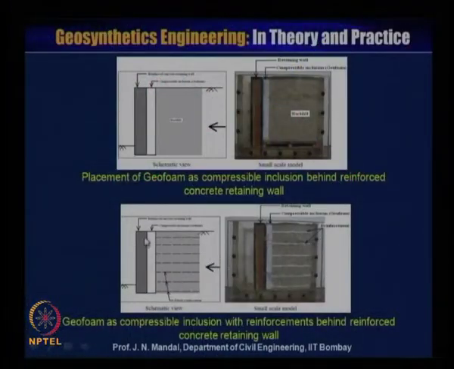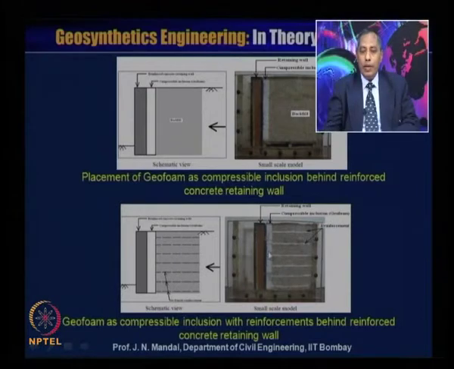Now apart from this, if this is the wall and this is the geofoam, you can place a number of layers of reinforcement. If the situation arises like this, you can see here, this is the wall and this is the geofoam, and a number of reinforcement layers have been included.